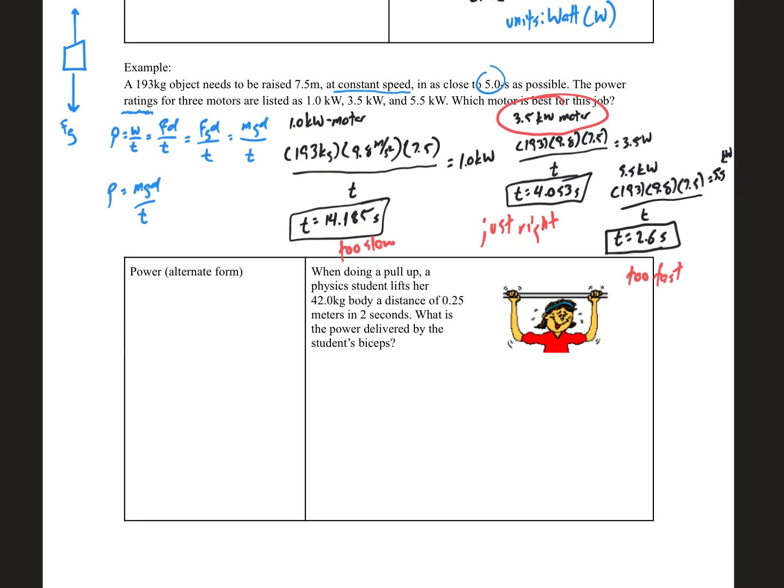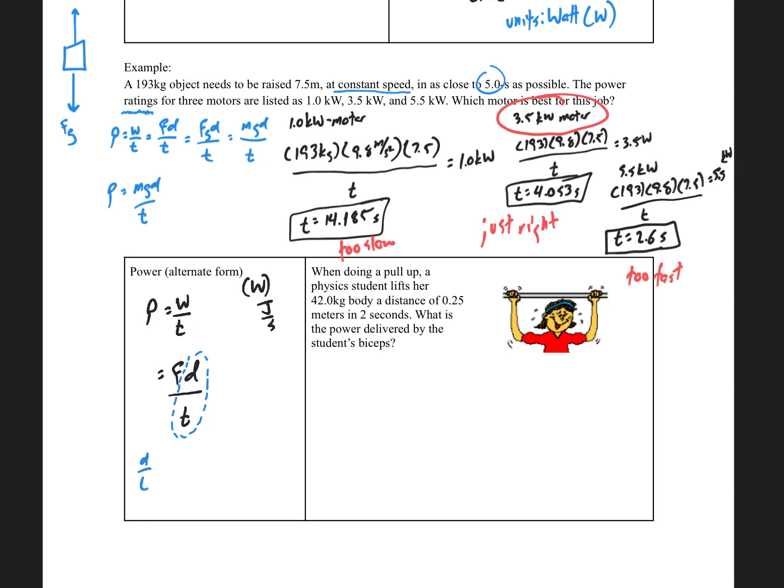There's an alternate form for power. So remember, power is work divided by time, work per time. And we know this is a watt or a joule per second. Well, work can also be expressed as a force times distance, still over time. And if you notice, we have this quantity here, distance divided by time.